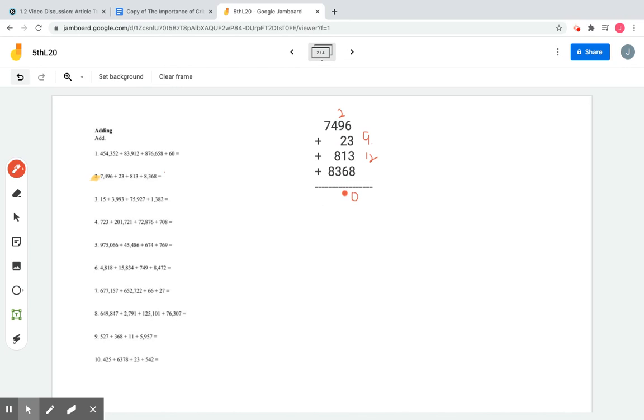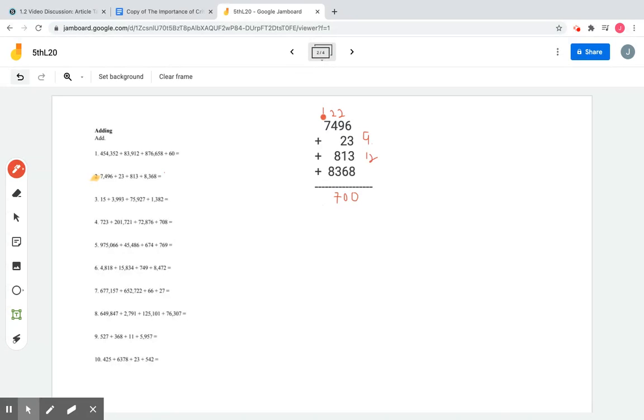So we're gonna write 0 here, and we're gonna move number 2 up here again. So it's gonna be 2 plus 4 plus 8 plus 3. So 2 plus 4 is 6, and 6 plus 8 is 14, and 14 plus 3 is 17. So we're going to write 7 here, and then we're gonna carry the 1 here.